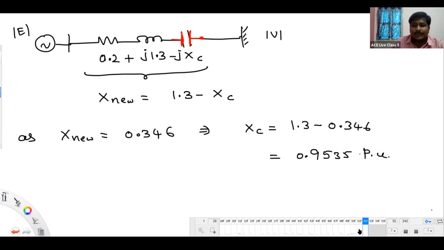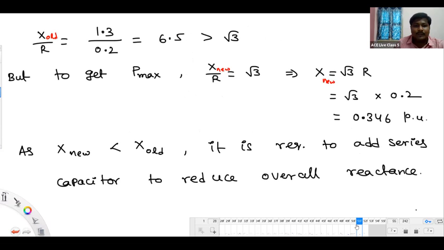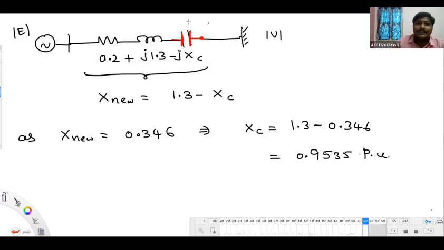If anybody is still writing in the previous slide, please complete it. I think I have followed a simple rule here. I know the old reactance value is 1.3 per unit. The new reactance required is 0.346. So we have to reduce the reactance value, so we added the series capacitor. After adding the series capacitor, this is my network. From the network, X new is 1.3 minus Xc, and the X new value is 0.346.